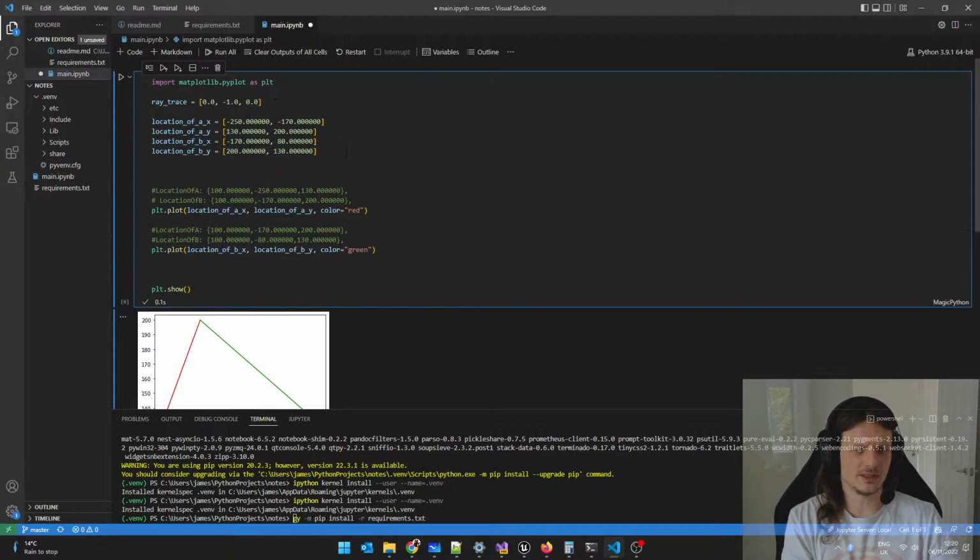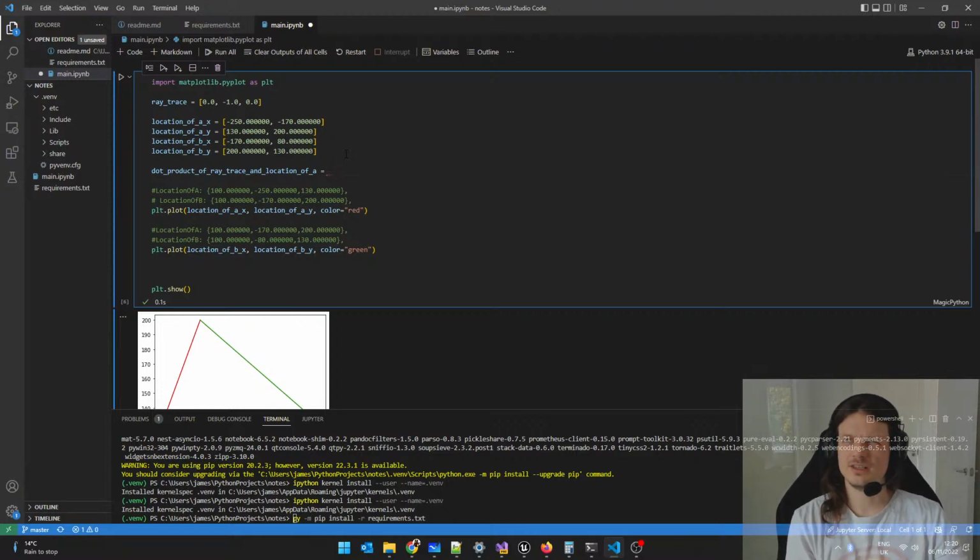So it's going to be, without looking, let's see if I can remember, dot product of ray trace and location of A is equal to, you plus the numbers together. It's the sum of all the x's and the sum of all the y's multiplied together. I think so.